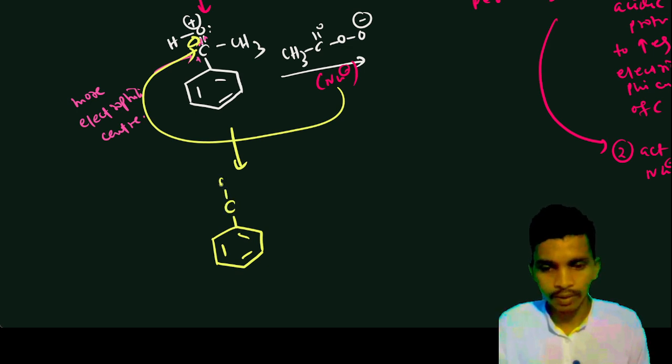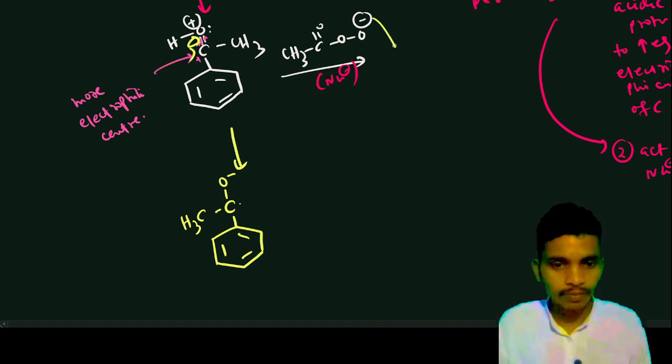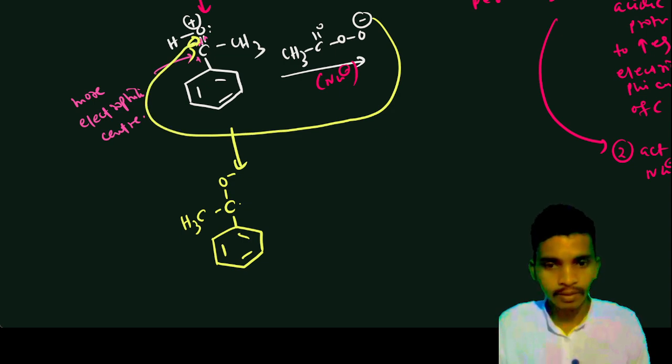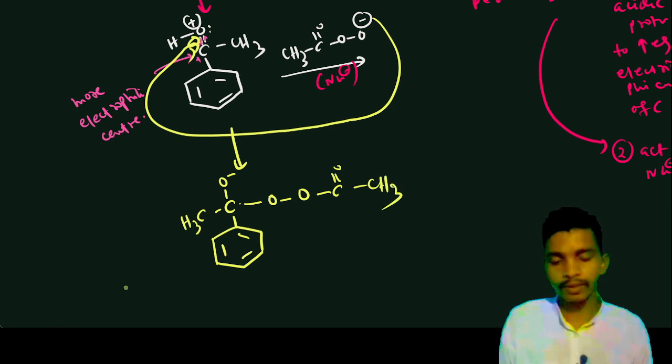This is going to be the O negative, and here we have, let's say, CH3, and this one has attacked here, so this is going to be O and O, and this is going to be the CO CH3. Okay, this is what we get.